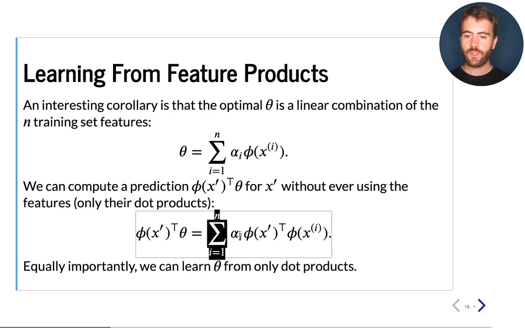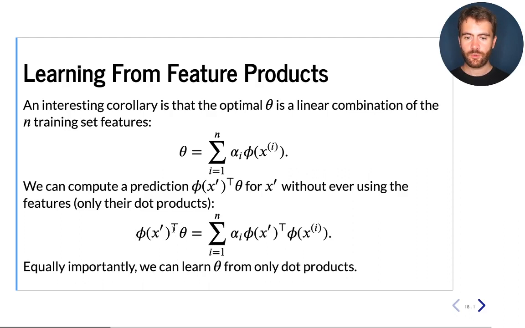We can compute it in this form, where I have simply plugged in my definition of theta into this expression. Plugging this in, we have the following form, which only involves dot products between features and not the features themselves. And similarly, we can learn these alpha also by looking at the dot products as opposed to the features. In other words, to compute the alpha, I only need to know the dot products.